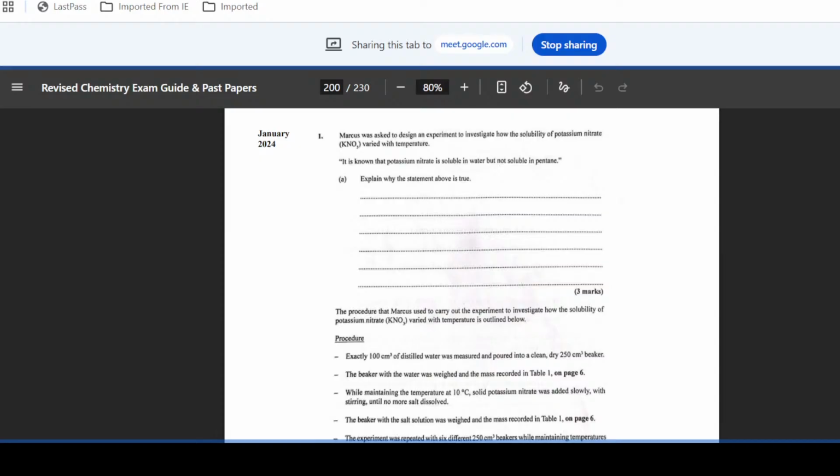So which category would it belong to? Why did you bring up the fact that it was polar or non-polar, the solvent?